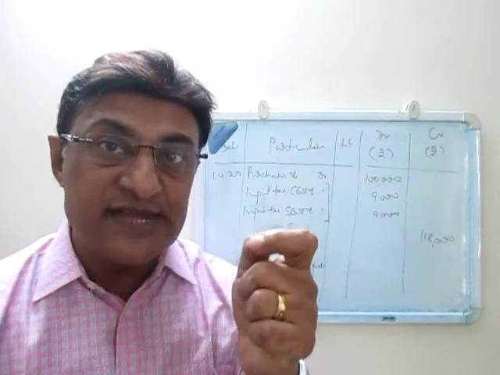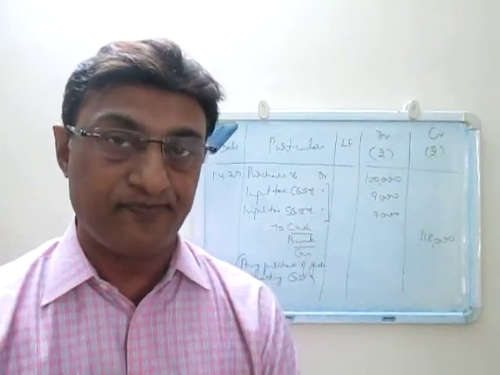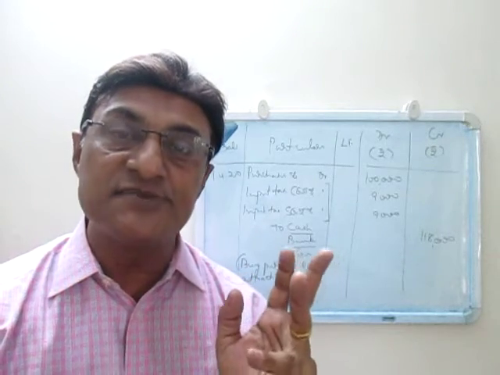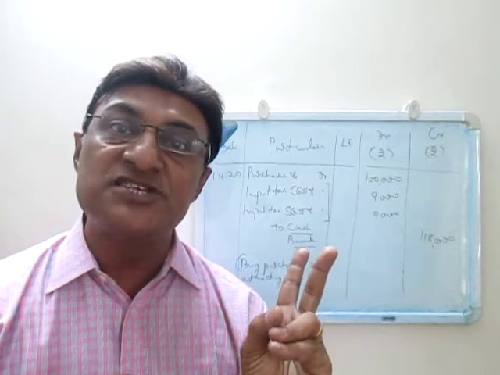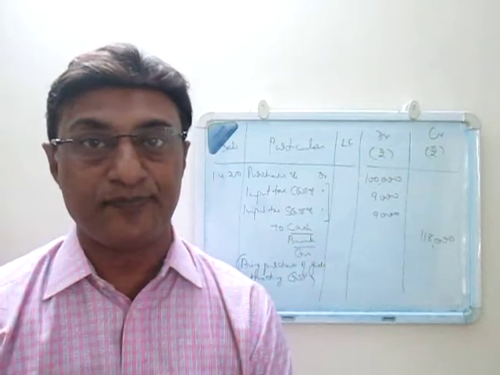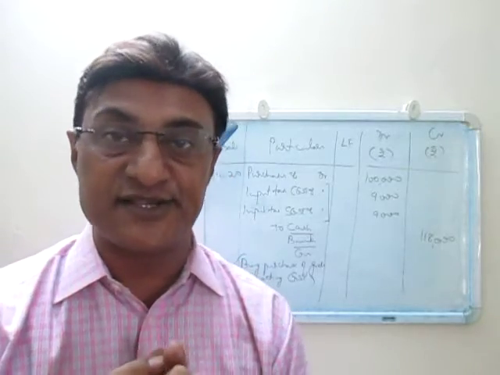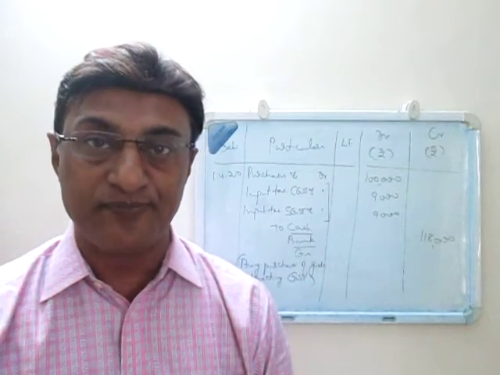Now you need to understand the implication of this debit. Remember, every debit is either something that comes in, or it is an expenditure, or it is an asset. I'm just classifying my debits and credits in accounting language.